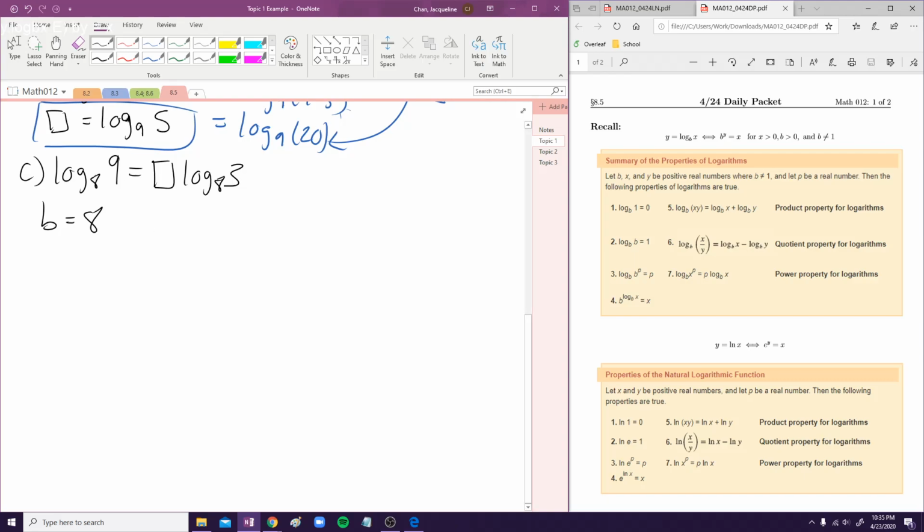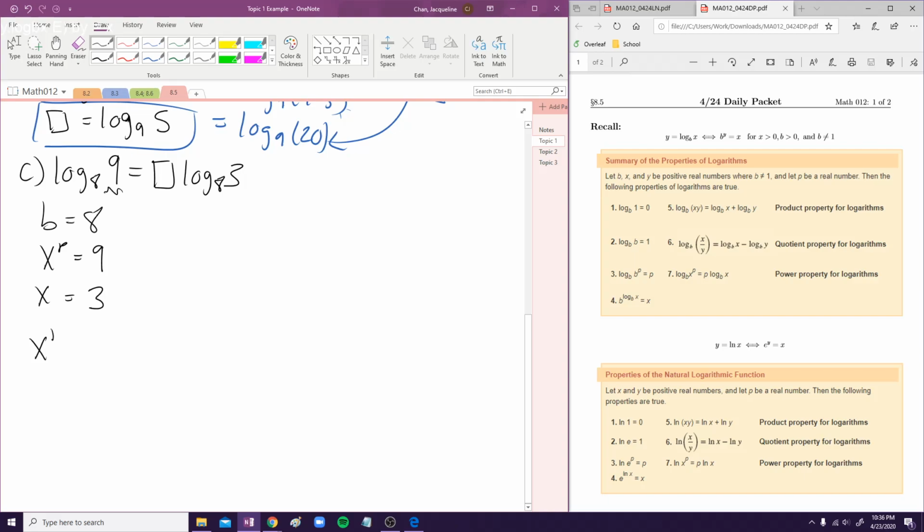So the power property, so b is 8, and over here, since there's no coefficient here, that means x to the p is equal to 9, right? And then over here we have box, and then log base 8 of 3. So what is 3? 3 is x. So essentially what am I doing?